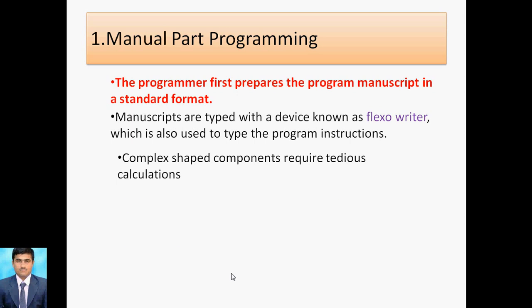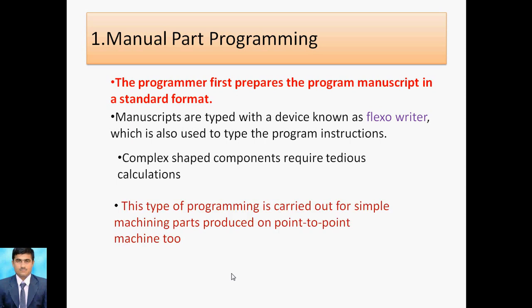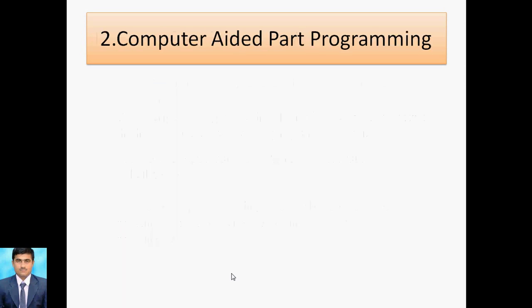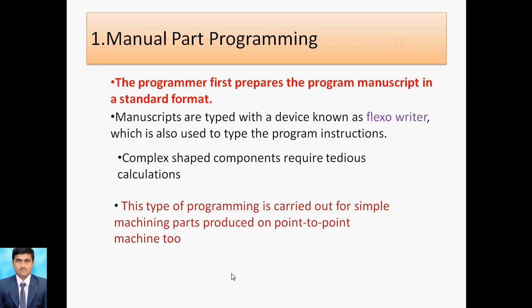That is about manual part programming, and this method is suitable for point-to-point machining. Again, I repeat, here we prepare the program manuscript in standard format in a Flexowriter, and if a complex shape is there, it is difficult to calculate the part.